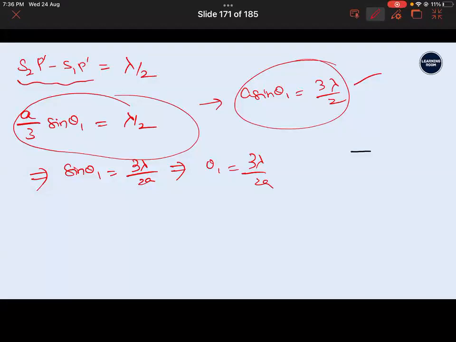So the whole concept of diffraction will not be explained with the concept of constructive; you always explain it only with destructive. And what is the logic? For destructive interference, the path difference between the successive rays is supposed to be lambda by 2. That's the logic.